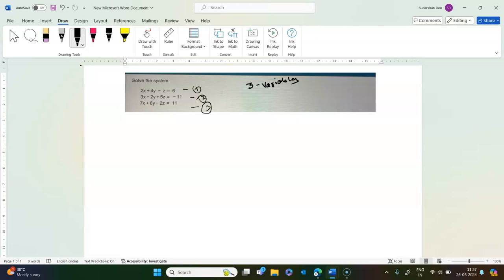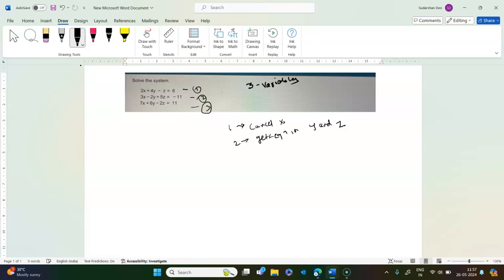Now if you observe, what is step one? Step one, you have to cancel x. Step two, after cancelling x, you'll get two equations in y and z.